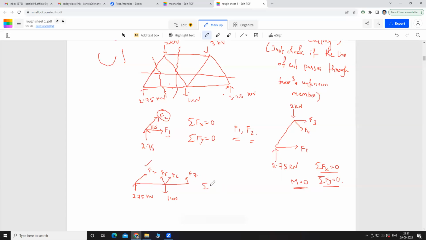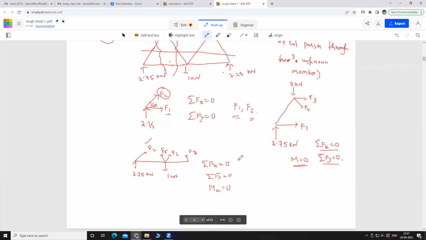So we apply summation of Fx is equal to 0, summation of Fy is equal to 0, and moment at any point. Suppose we find moment at point A, that is equal to 0. So summation of X means what? You need to write the horizontal component of these four forces, then you can write this equation.